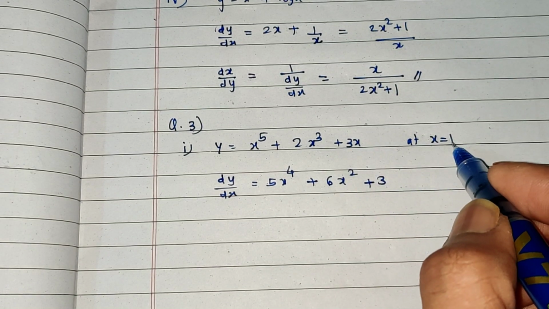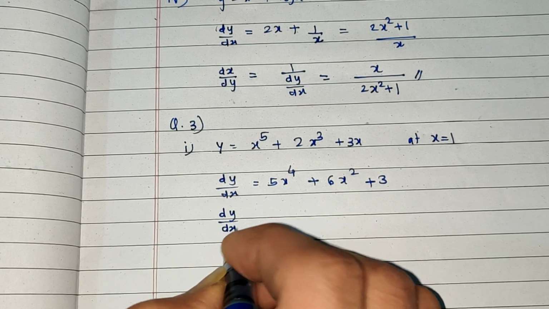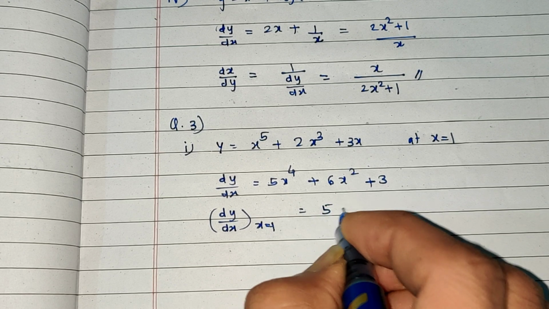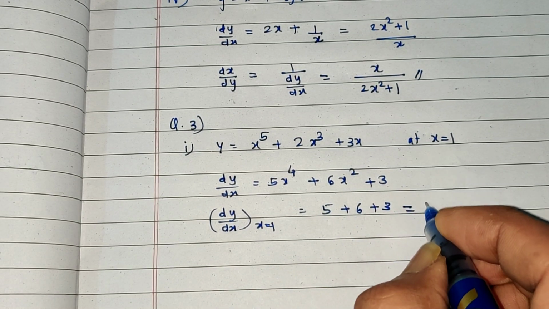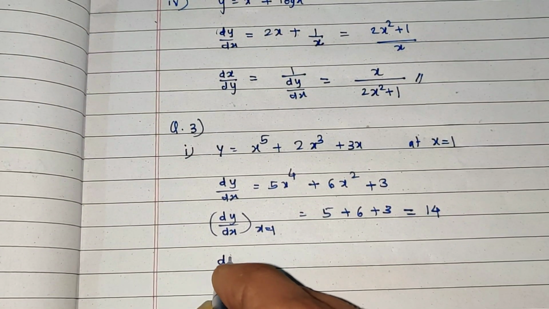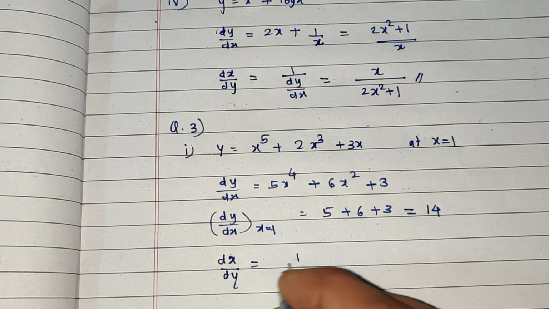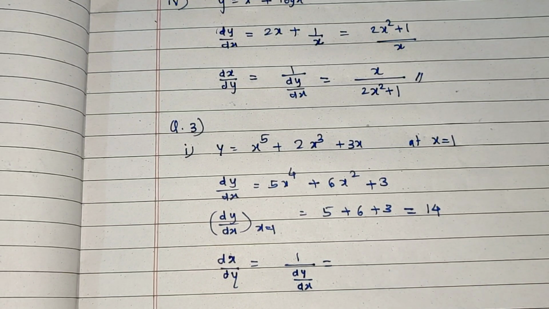Now this derivative at x is equal to 1, dy by dx at x is equal to 1, that is 5 plus 6 plus 3, 14 it is.